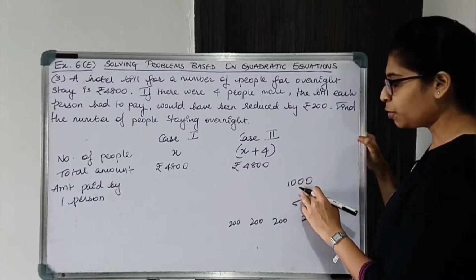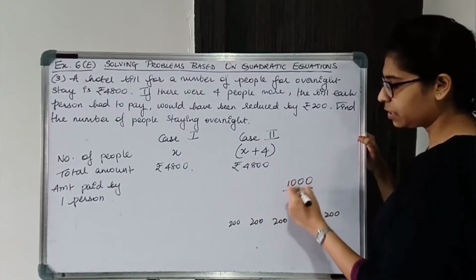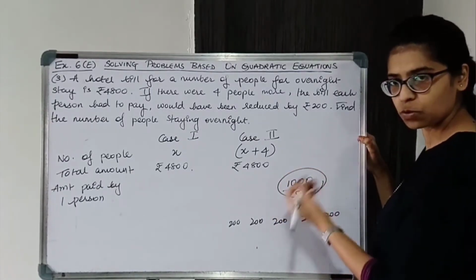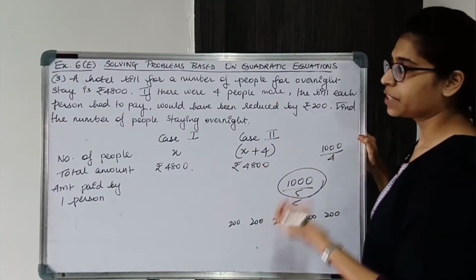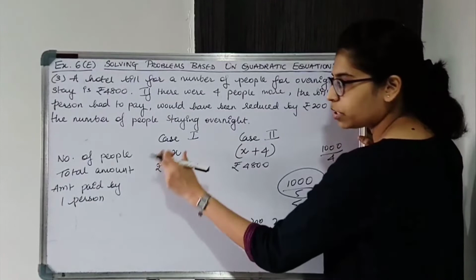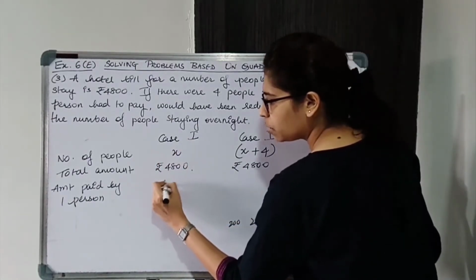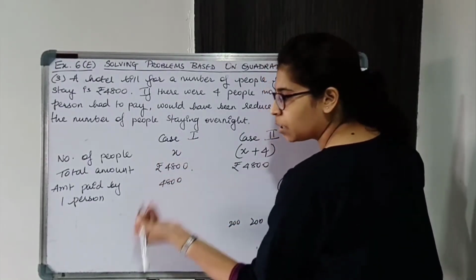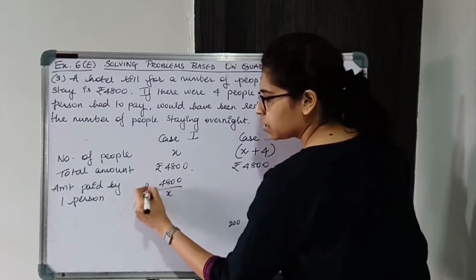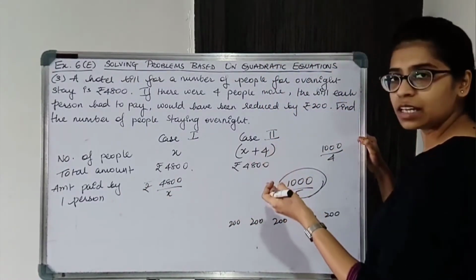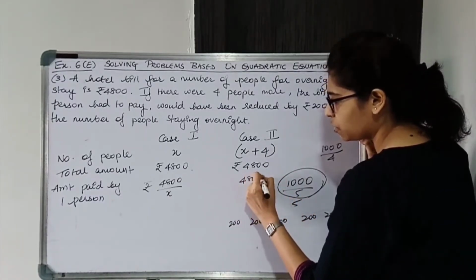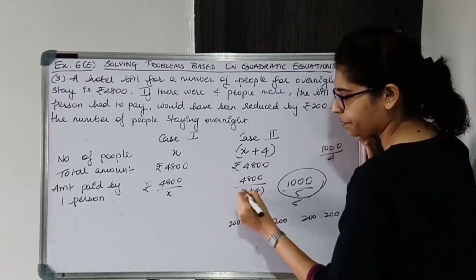Here what you will do, 1,000 divided by 5, that will give you the amount each person will pay. Or 1,000 divided by 4, that will give you the amount each person will pay. So same thing, total amount upon number of people. So total amount is 4,800. Number of people are x, so each person will pay this much in the first case. In the second case it will be 4,800 upon x plus 4.